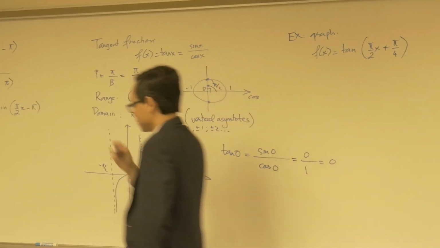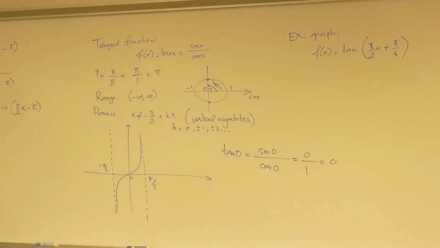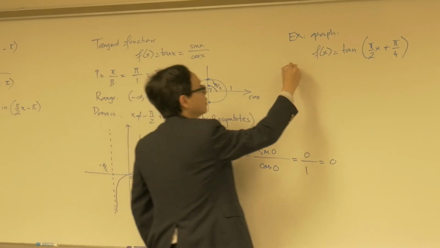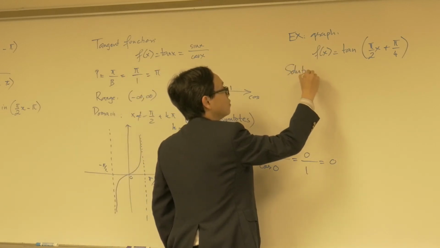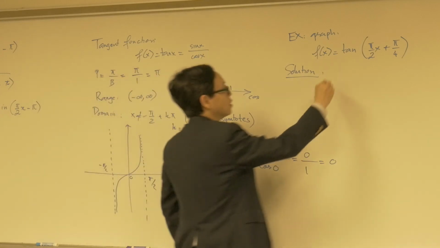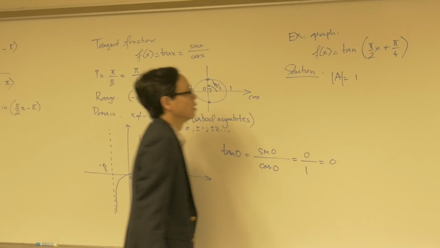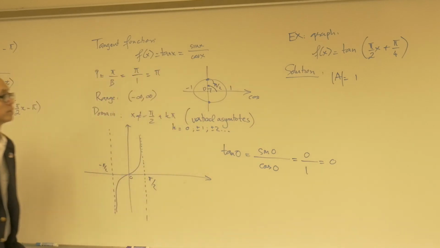Let's see how we're going to graph this. Well, we know the amplitude over here is 1. Actually, it's not going to change much. For tangent and cotangent, the amplitude is not really a big problem.